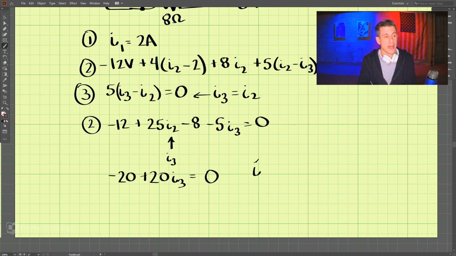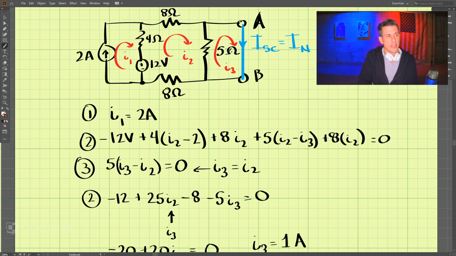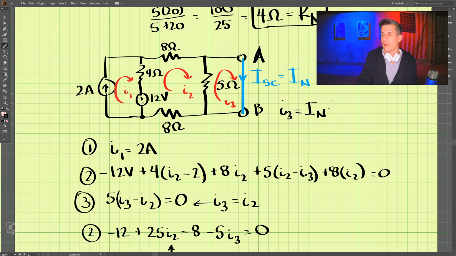So that looks like I3 equals 1 amp. And so if we look here, I3 is equal to the current source here, I Norton. Oops, sorry. I3 is equal to I Norton, which is equal to 1 amp.